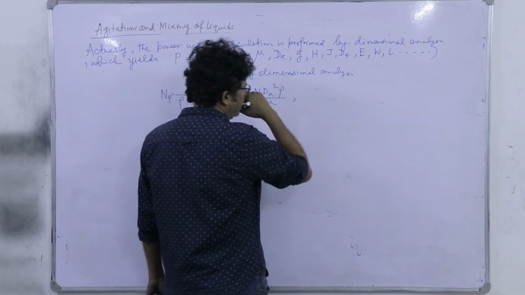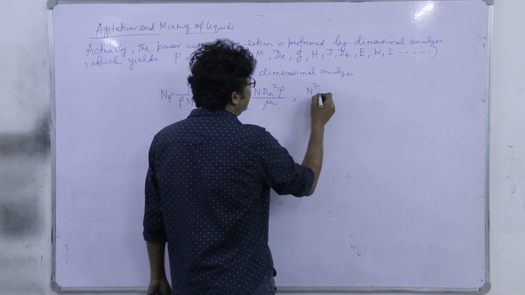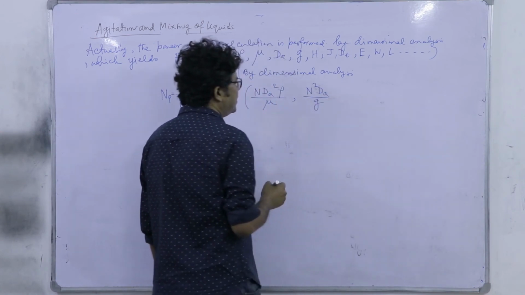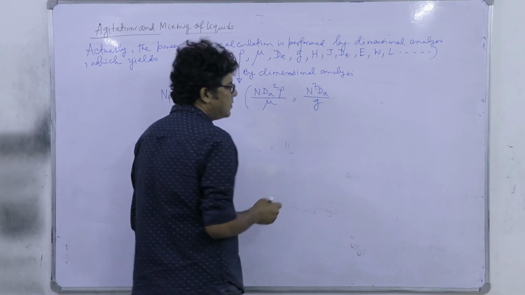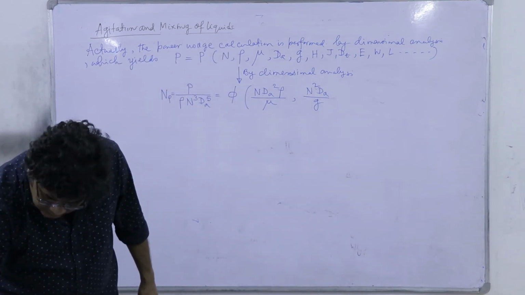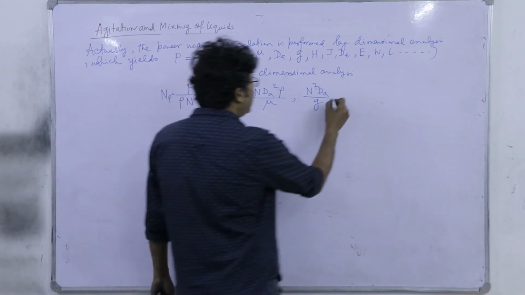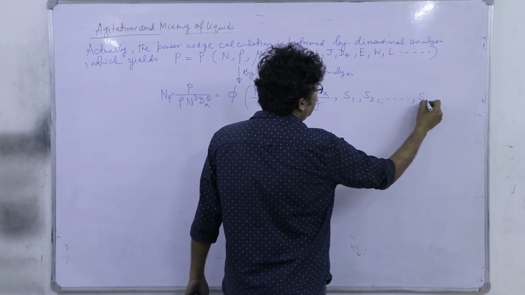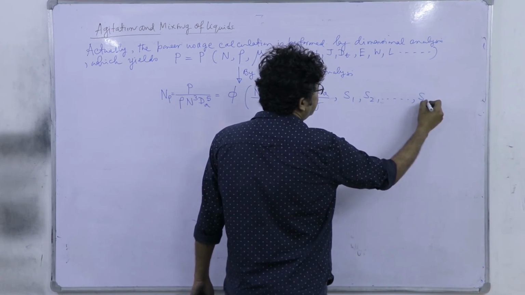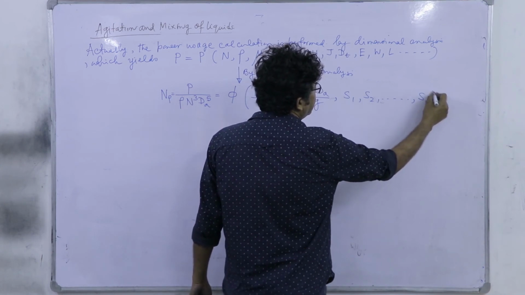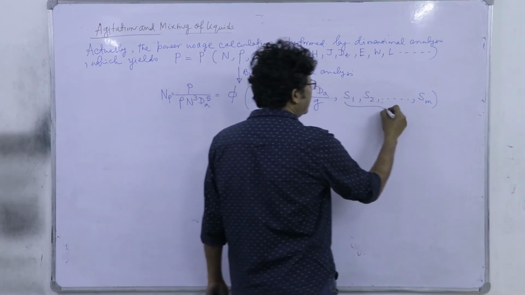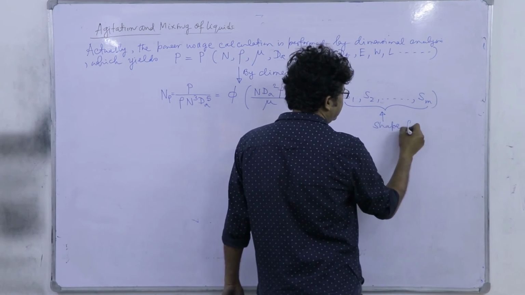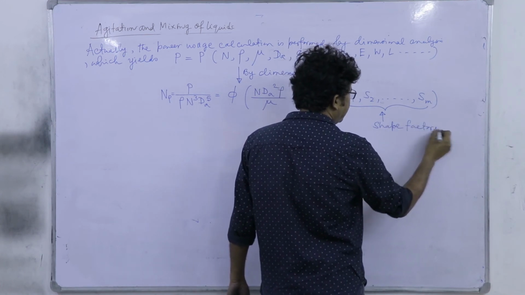We also have N square dA by G, right. N square dA by G, and we have the dimensionless different ratios of these groups like M, right. So these collectively are called shape factors.